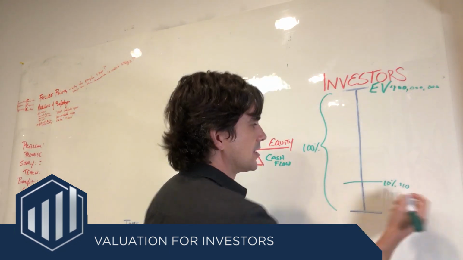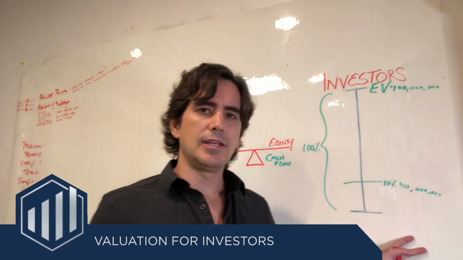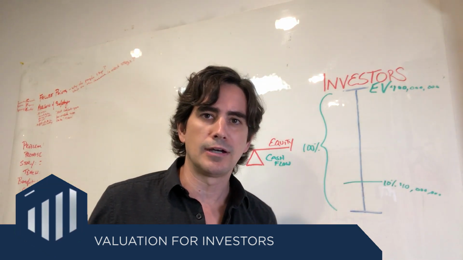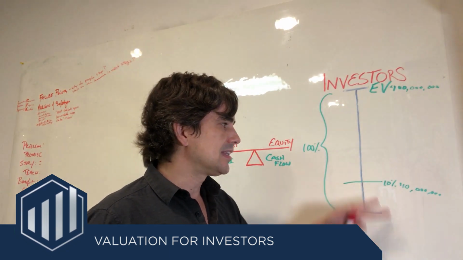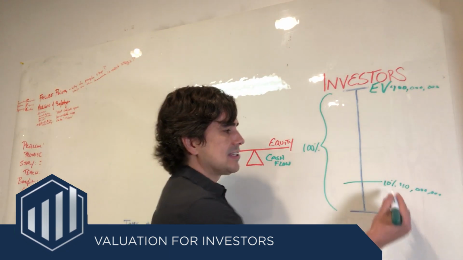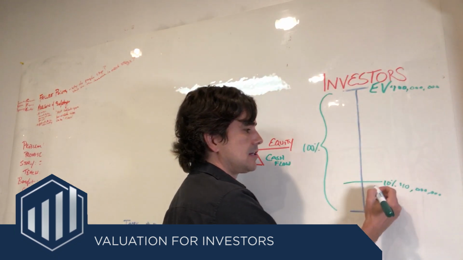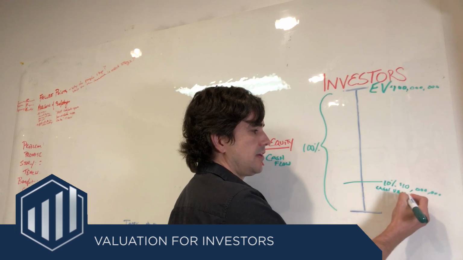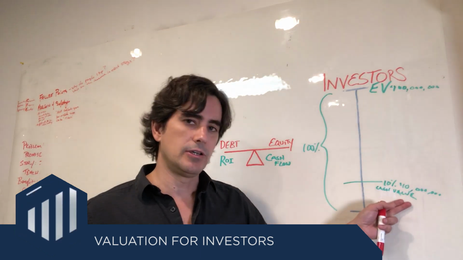So it's 10 million, okay? We need 10 million in cash in order to buy this $100 million enterprise value company. So we need to get this 10 million, and this 10 that's going in to buy it, assuming all the rest of this is debt, is going to be the cash value. So you've got your enterprise value up here and your cash value down here.